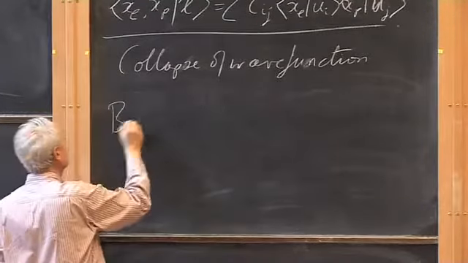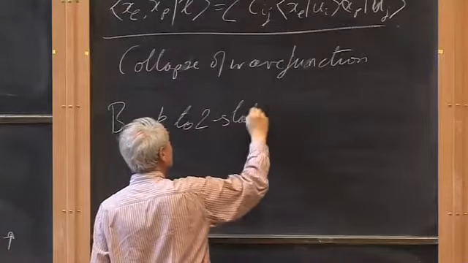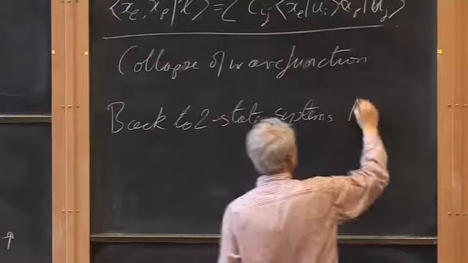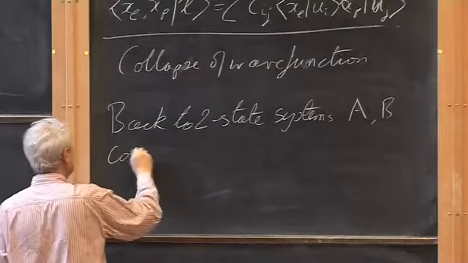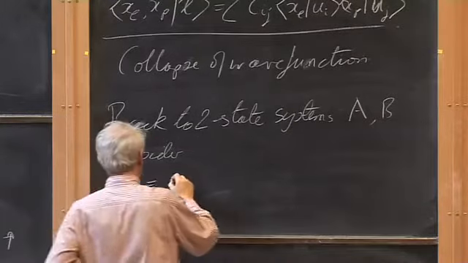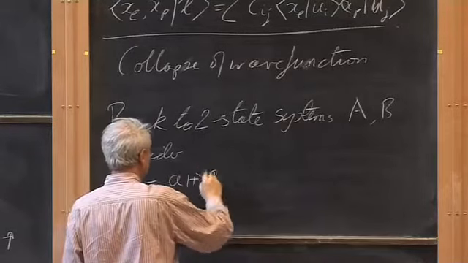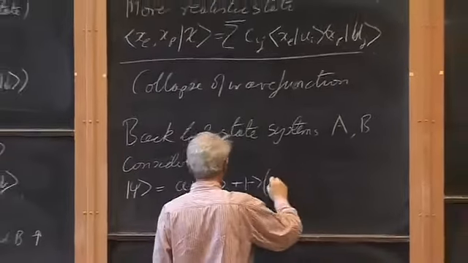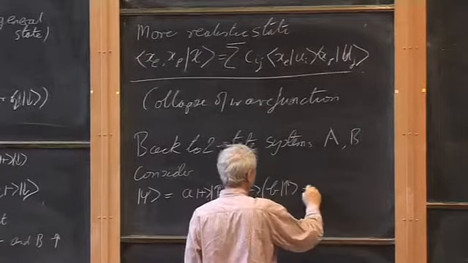So we go back to the two-state system, A and B. And consider this particular state, psi, which is equal to A times plus up, plus minus brackets B up plus C down.